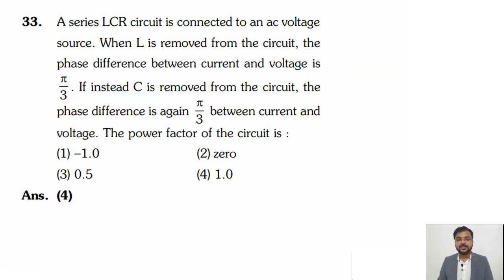The power factor of the circuit is? Okay, see the phase difference. For the phase difference we use this formula for the LCR circuit: tan phi equals X net by R, correct?